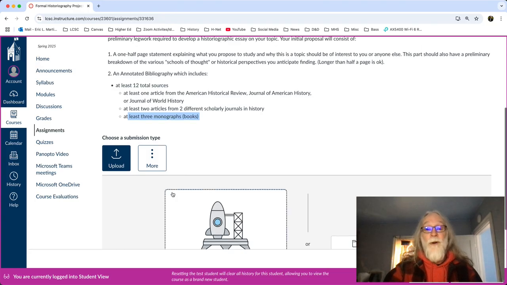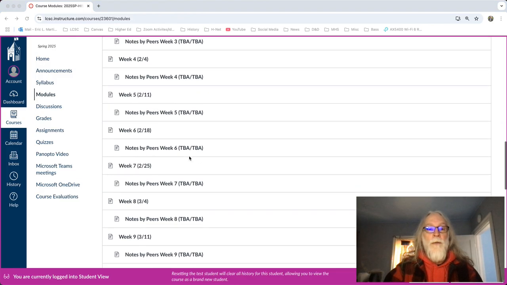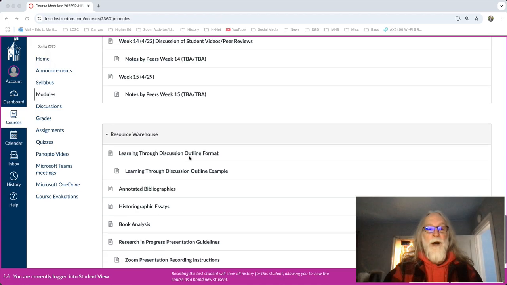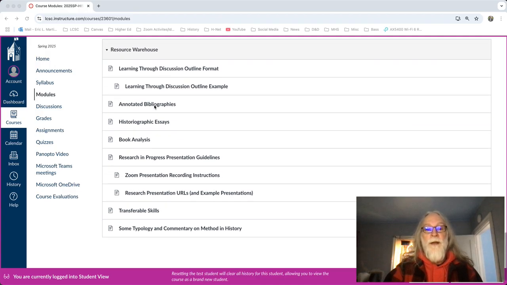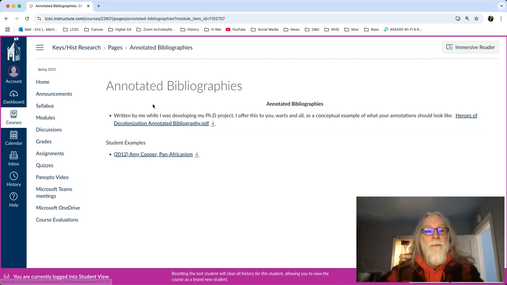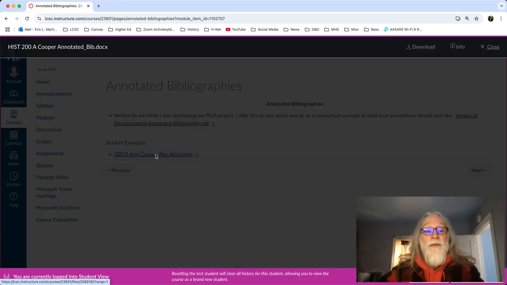All right, let me show you what an annotation is. If you drop all the way down to the bottom of our module page to this research or resource warehouse, annotated bibliographies, click on that sucker. And there's one by a former student, and there's one by me.